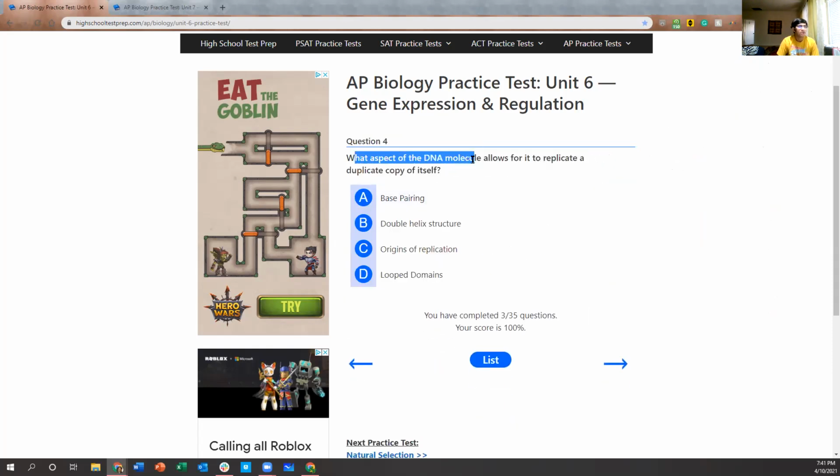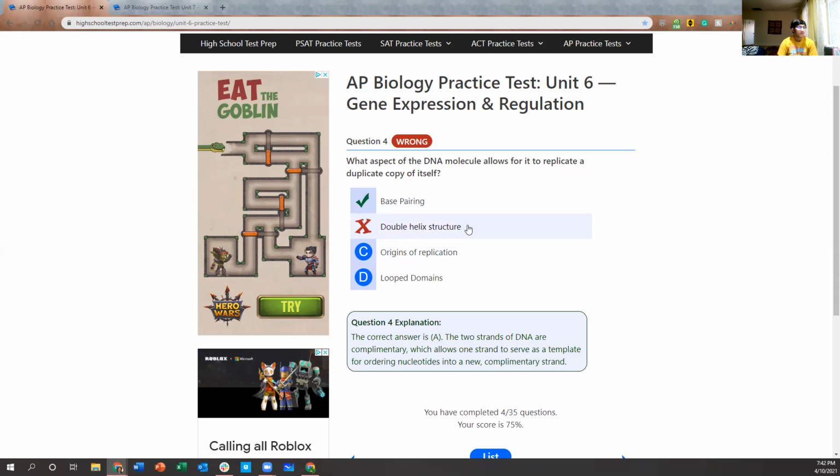Which aspect of the DNA molecule allows it to replicate a duplicate copy of itself? Well, because it has a double helix, I can unwind that double helix and then I can replicate it. Okay, never mind. That's not the right answer. The answer is base pairing. That makes sense because the two strands are complementary.